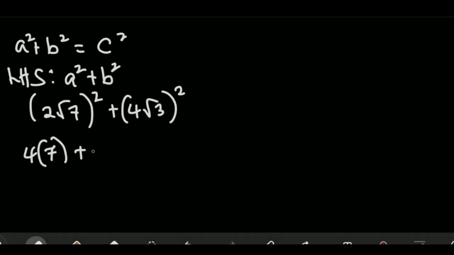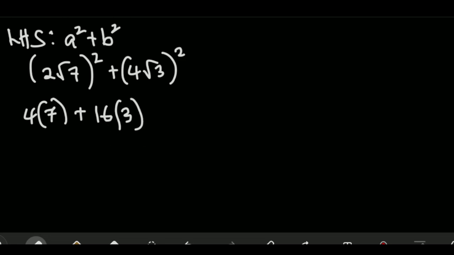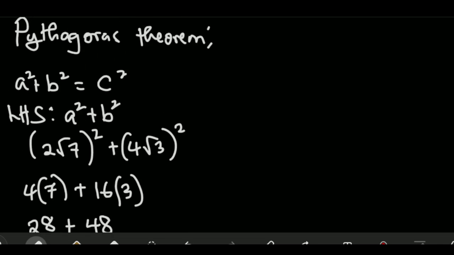Then you add 4 squared, which is 16, multiplied by square root of 3 squared, which is 3. So 4 times 7 gives us 28, plus 16 times 3 gives us 48. Now when you add the two, you obtain 76. And remember the units are centimeters.